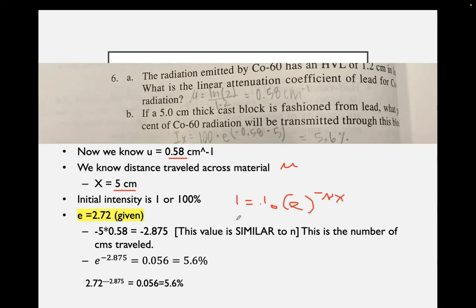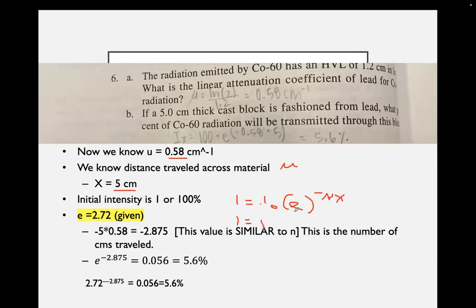Okay, so we don't know what we're trying to find out, what the percent transmitted is. We know we started out with 100%, which is the same thing as 1.